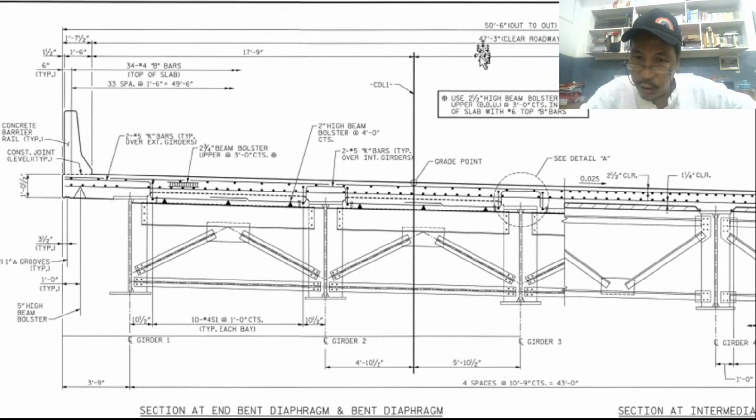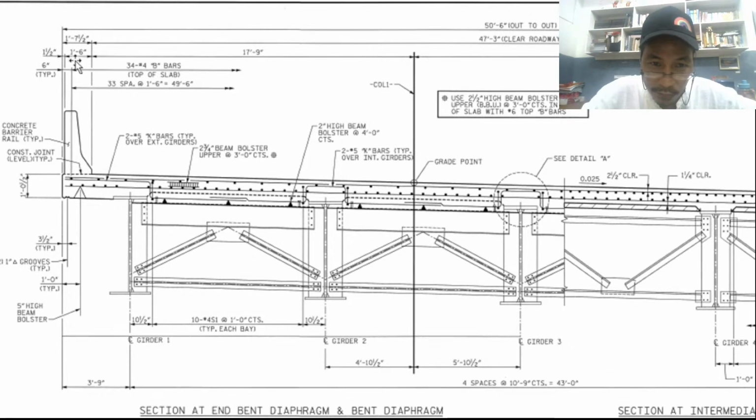So 50 minus 47, that is 3 feet. And divide by 2 because 3 feet is total. So one side is 1.5 feet and the other side is 1.5 feet. That's why you can see here 1 feet 6 inches is exactly 1.5 feet.